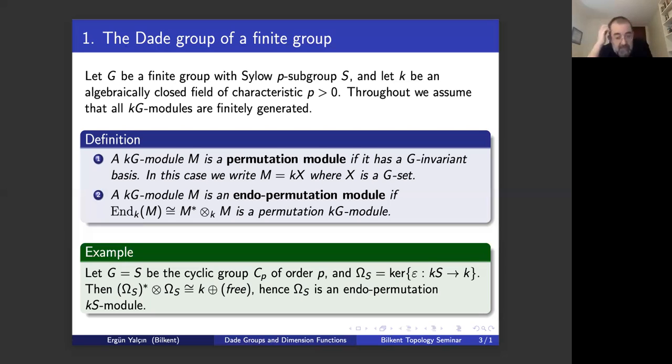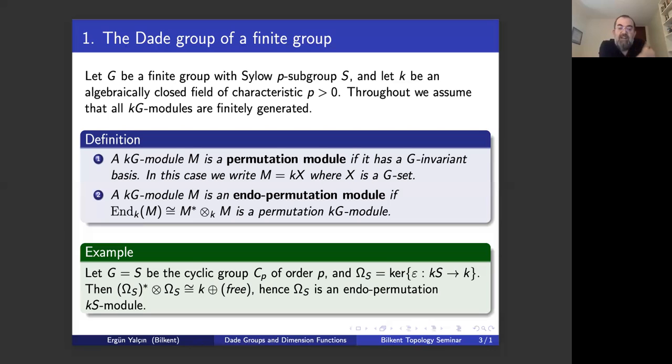If it's p-1 dimensional, if you tensor, you get p² - 2p + 1. So that plus 1 is K, and the rest of it is p-1 copies of free modules, KC_p. As you see, there's a K and free, so that's a permutation module. Free modules are already permutation modules. So you get K plus a free module, which means that Ω(K) is an endo-permutation module.